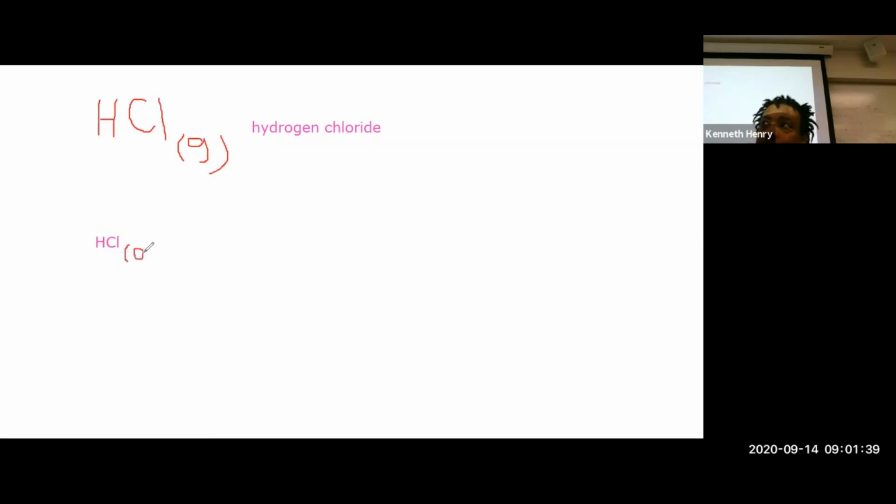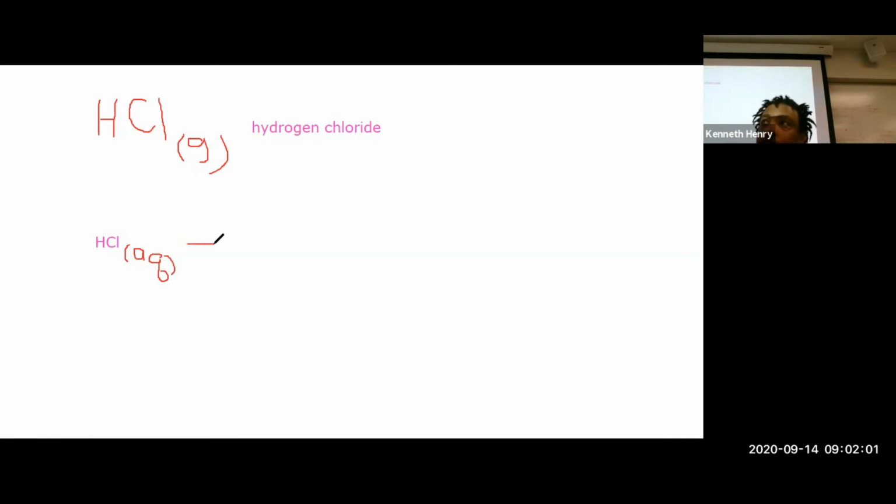Let me tell you how it's typically made. We take hydrochloric gas and bubble it into water. As soon as you start bubbling into water, the hydrogen becomes clingy and binds to the water. It leaves the chlorine and forms an ion, so it becomes H plus binding to water.